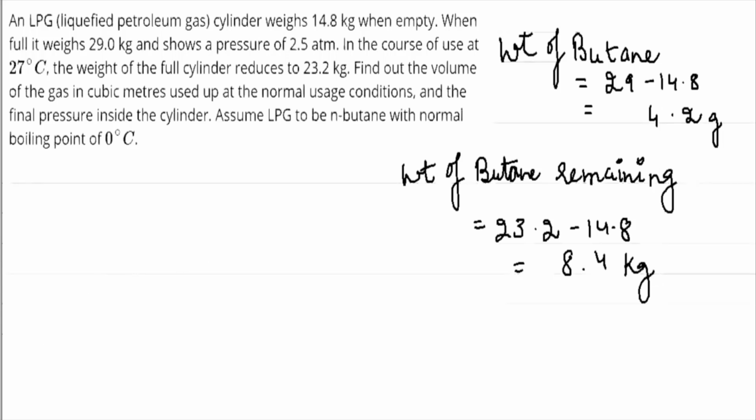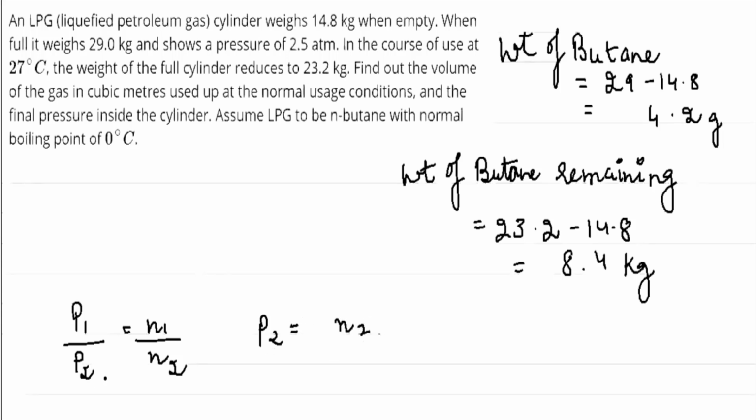Now we are going to use the equation where we know that P1 divided by P2 is equal to N1 divided by N2. So from this we'll be able to find out the value of pressure. So the value of pressure P2 will be equal to N2 divided by N1 into P1.